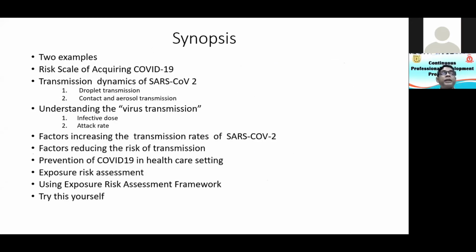In my presentation, I'll be using this frame to present whatever facts I have to you. First, I'll be talking about 2 examples of nosocomial spread of COVID in Sri Lanka. Then I'll give you the concept of risk scale of acquiring COVID-19, moving to transmission dynamics, viral transmission, and the factors which govern the transmission of COVID within the community and institutions.